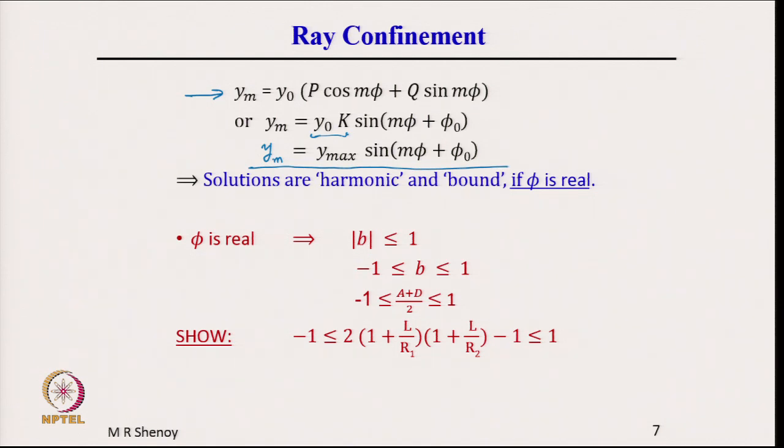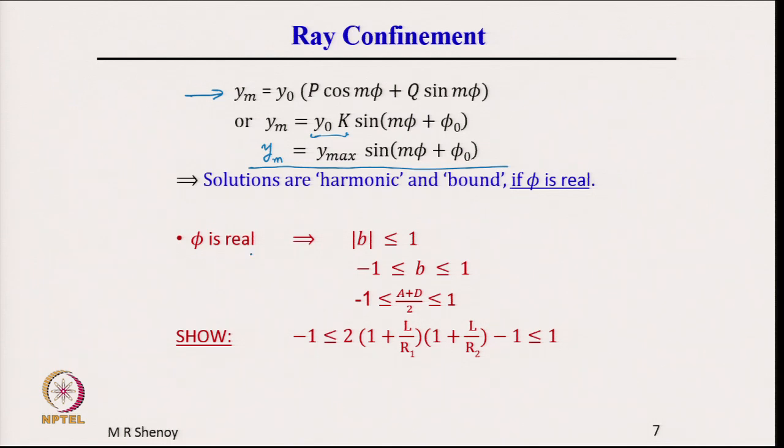So, this is a harmonic solution so long as phi is real. The solutions y_m are harmonic and bound if phi is real. What is phi?